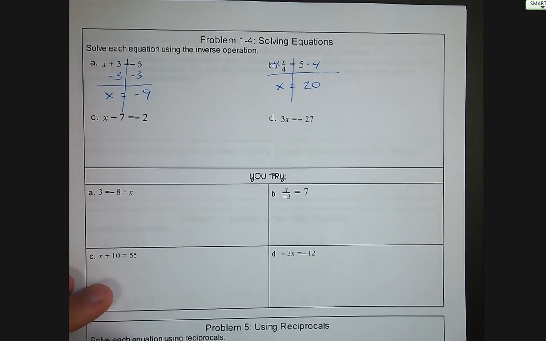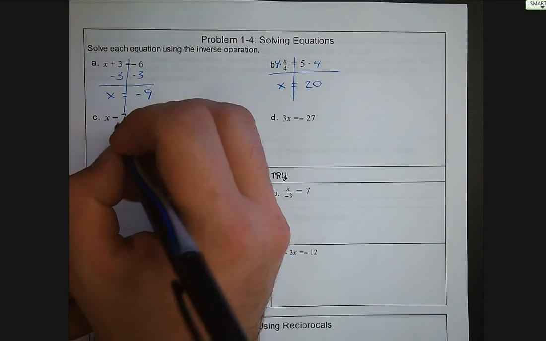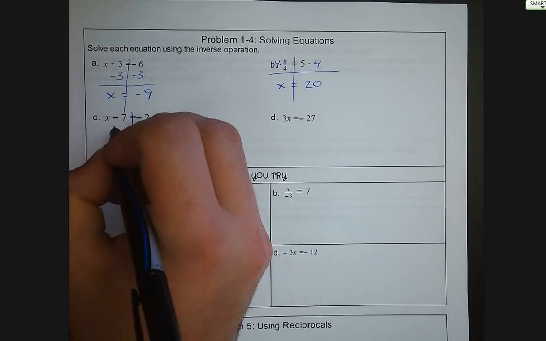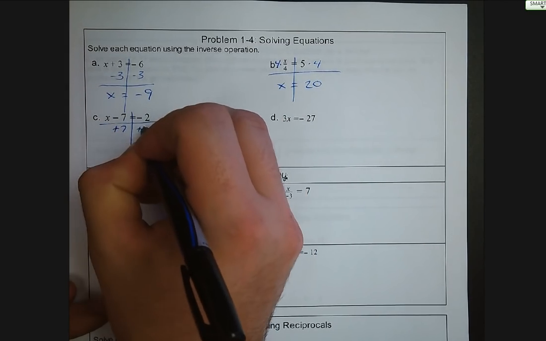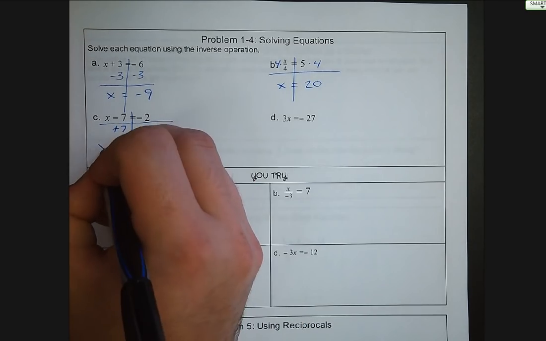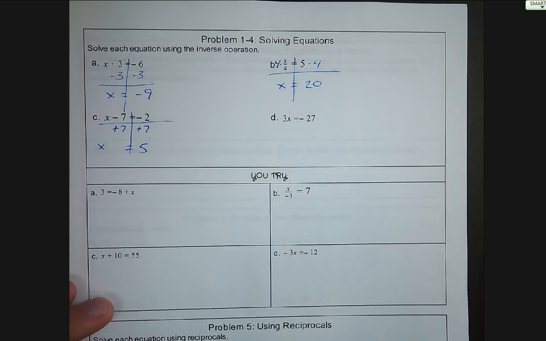All right. Letter C, x minus 7 is equal to negative 2. The operation we're doing there is subtraction, so the opposite of subtracting 7 is for us to add 7. All right, so then x is equal to positive 5.